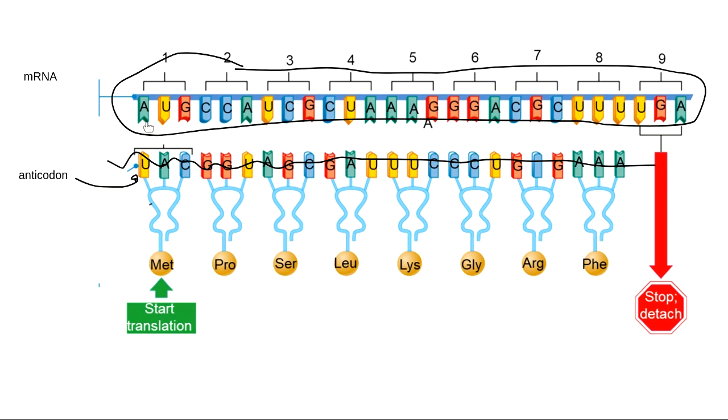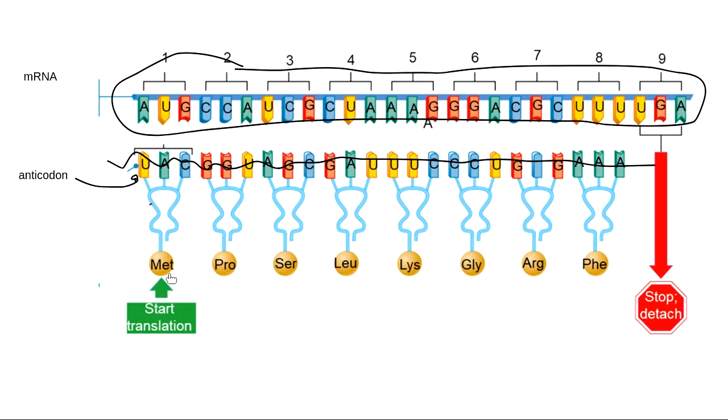When we do the process of translation, when we're trying to figure out what amino acids go where, we're just going to look at the mRNA. We're going to look at the sequence that we see right here. Just like those tRNA molecules, we look at things three letters at a time. So we look at the first three letters, A, U, G. Now that I found these first three letters, I'll use that with the table we'll look at in a minute to figure out that the amino acid we're looking for is methionine.